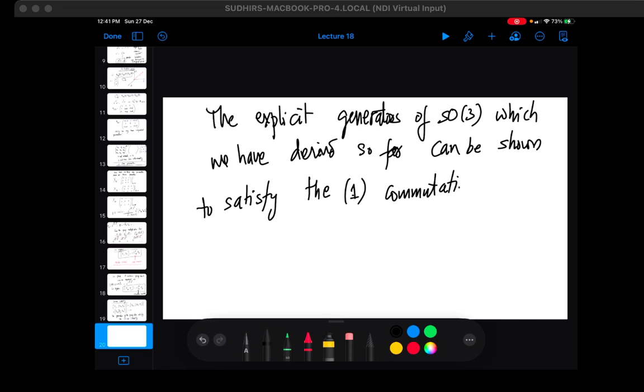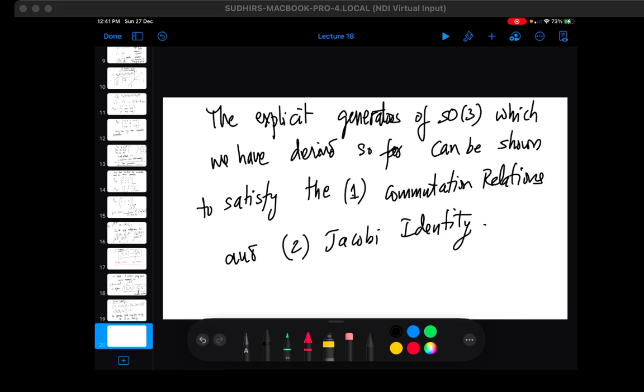I'll leave both of these for you to check in the homework, that explicitly this can be done. This will be one of the assignment 4 or something. You can show that they satisfy the commutation relations, and also they satisfy the Jacobi identity.